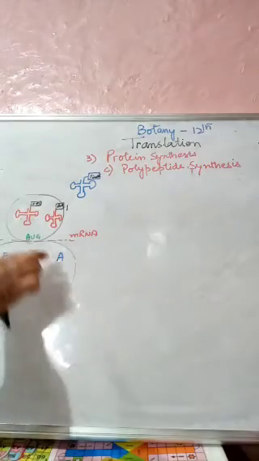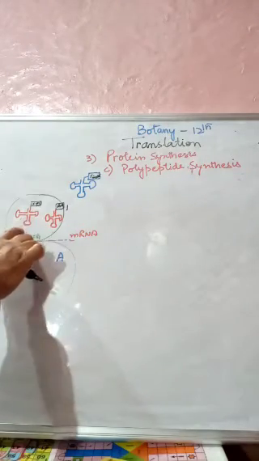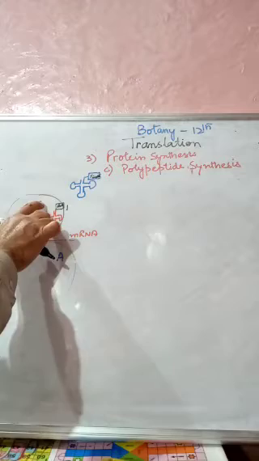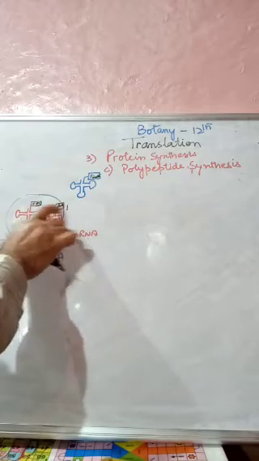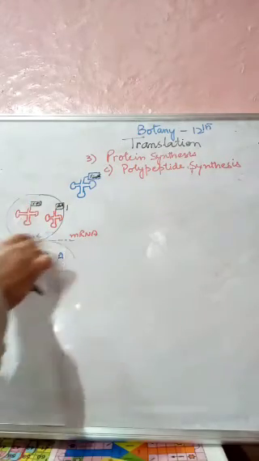At the beginning, what we will see is two tRNAs having their respective amino acids have come and attached on this assembly.